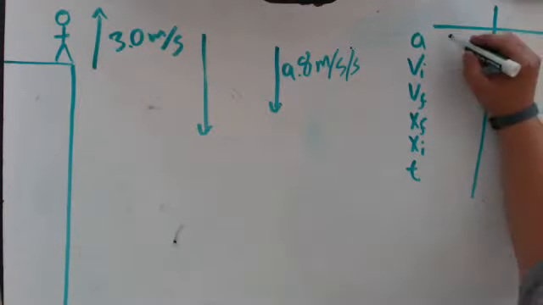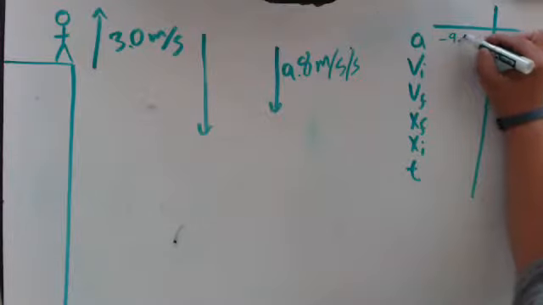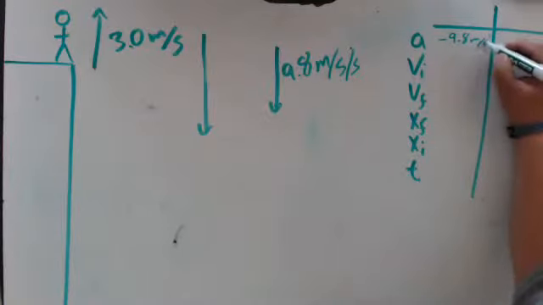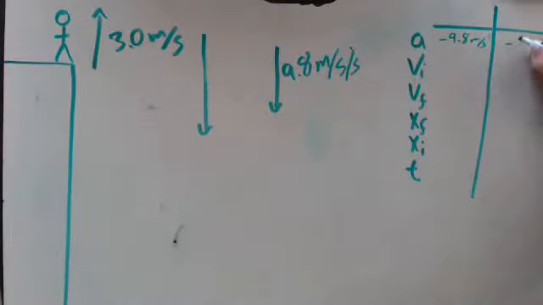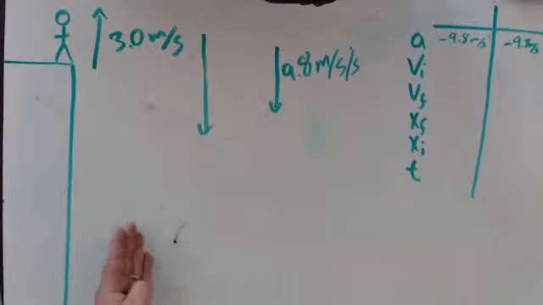So to express that, I've got a negative 9.8 meters per second squared.